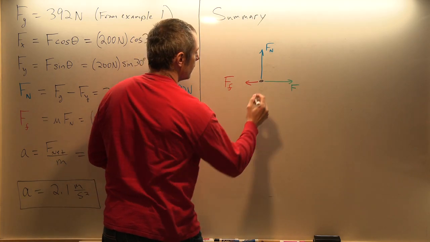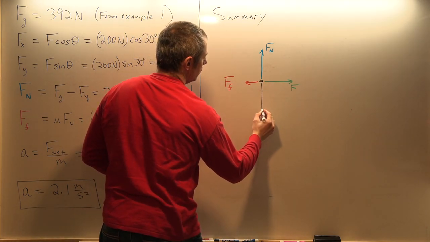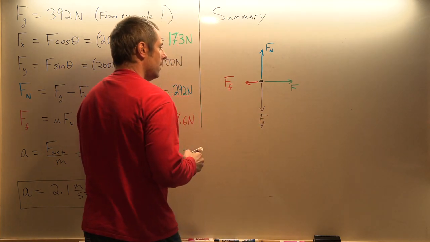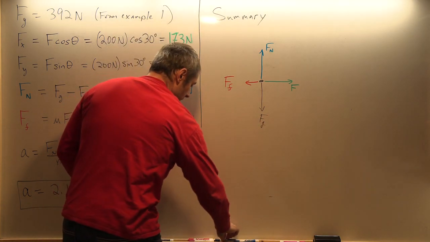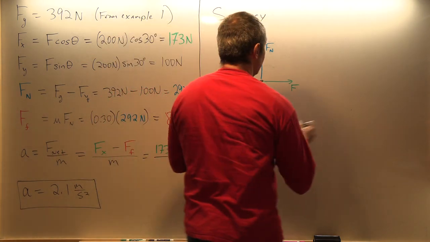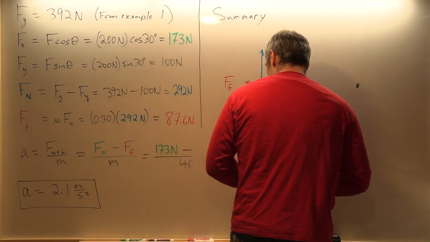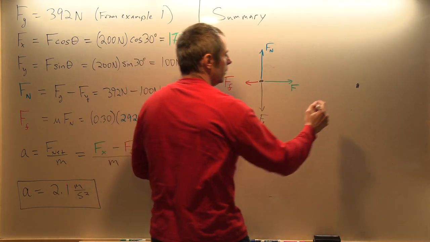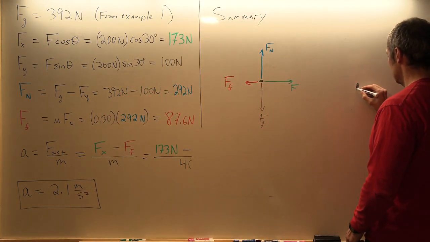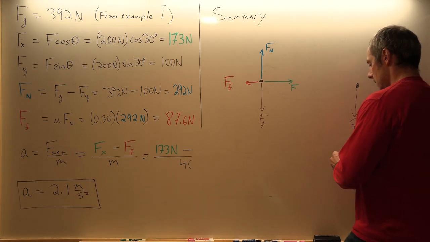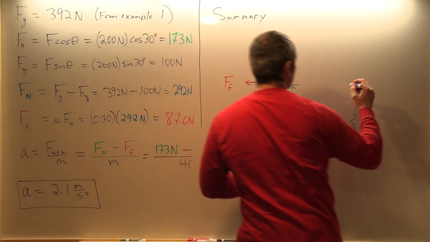So I draw these best of my ability to equal length. Then, first, before I do that, let's just draw the other situation that we studied today. We had the same in the vertical, gravity down, matched by normal force.